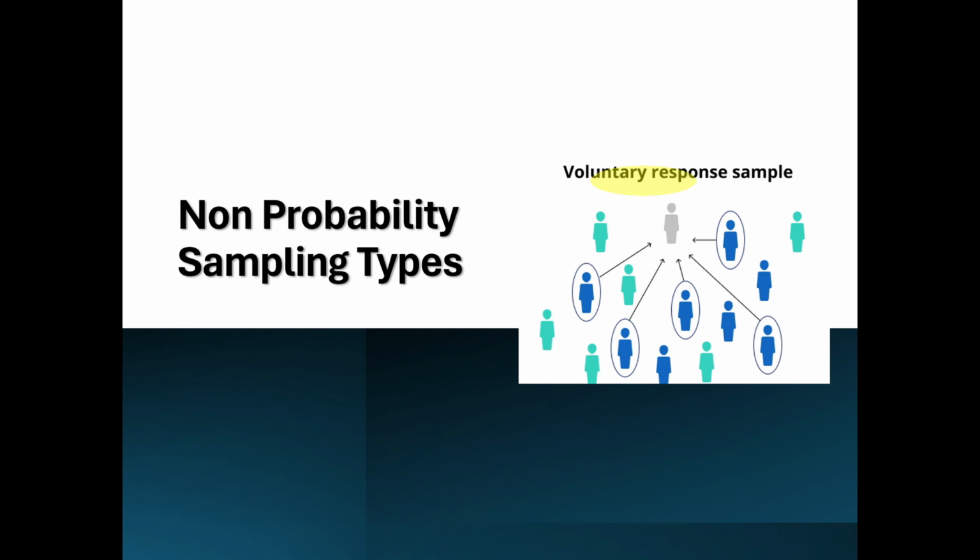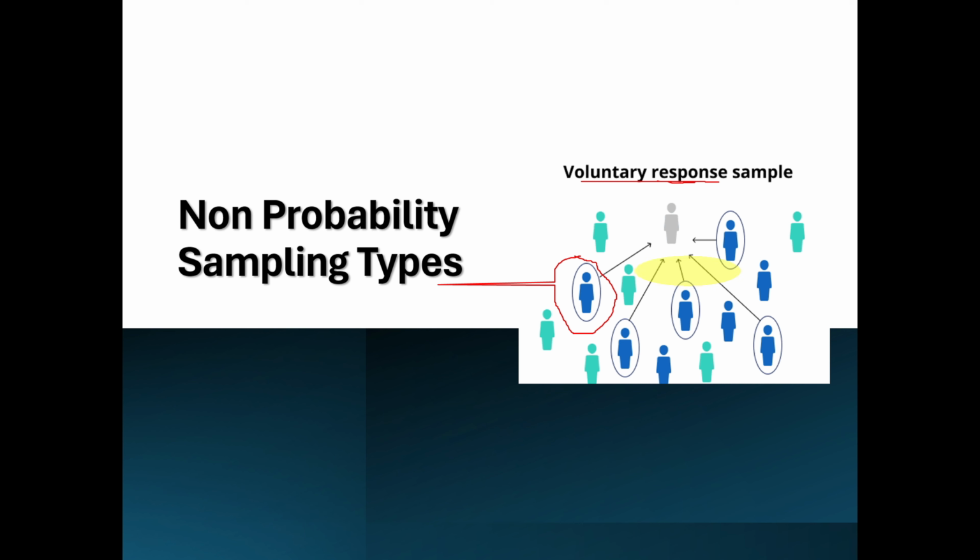Now let's discuss voluntary response sample. In this, people come to you voluntarily. This is usually in surveys. So you put a post asking who wants to volunteer, for example, about who needs a park in the area.